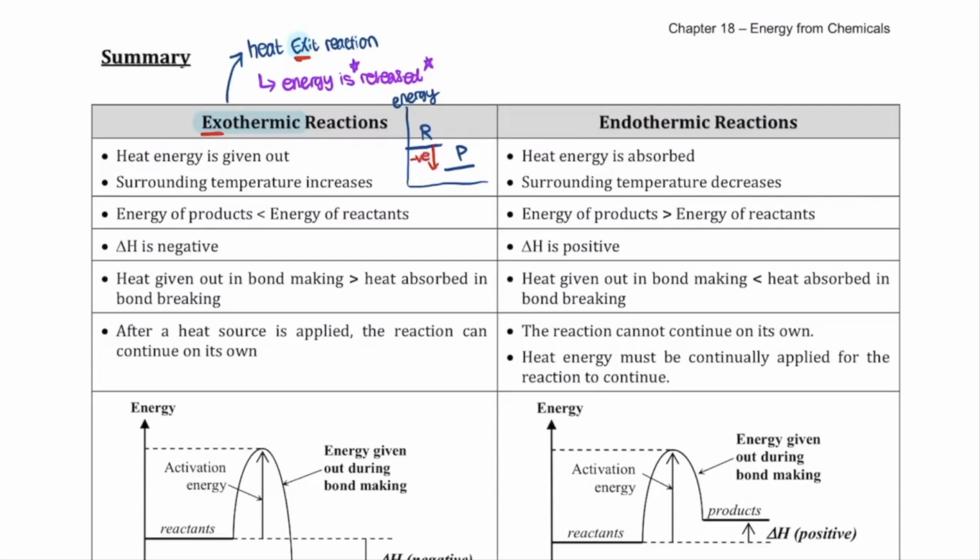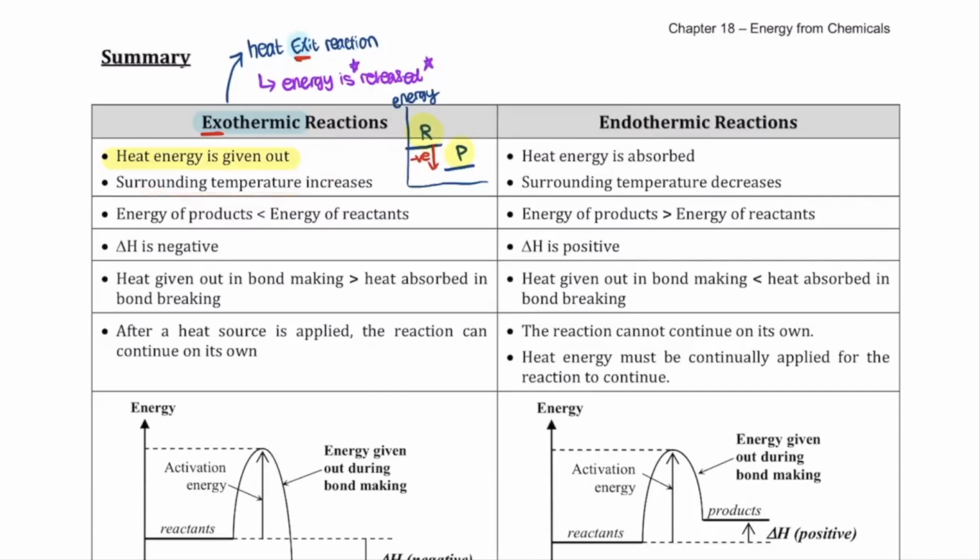So to summarize again, because heat energy is given out, that is the reason why the reactants have a higher energy level compared to the products. And this means that when heat energy is being released, the surrounding temperature is going to increase.